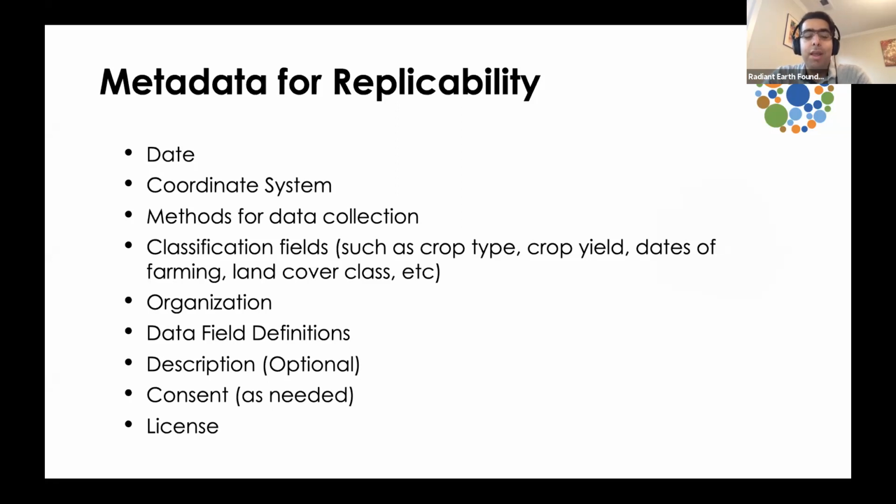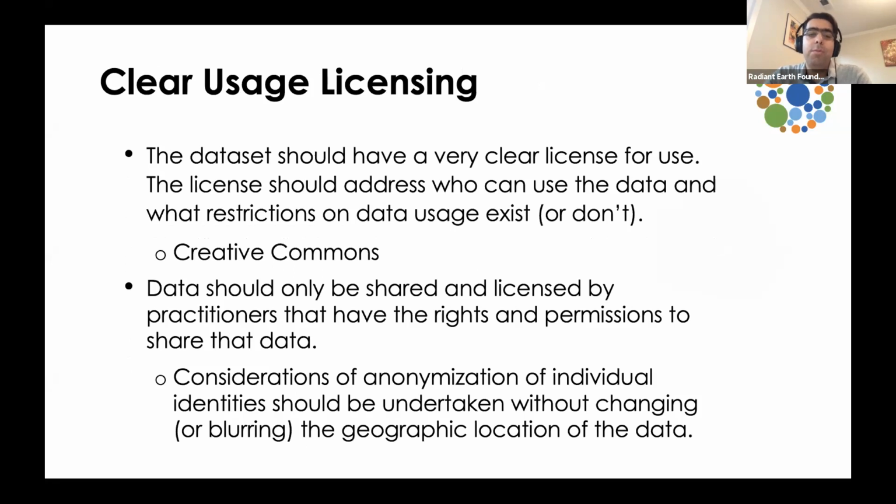And last but not least, license of the data, which is actually the fourth principle of the guideline. The license should be very specific and clear. What are the things that the data can be used for, and what are the things that it cannot be used for? There are very common definitions for standards. Creative Commons has a variety of different licenses that you can adopt.